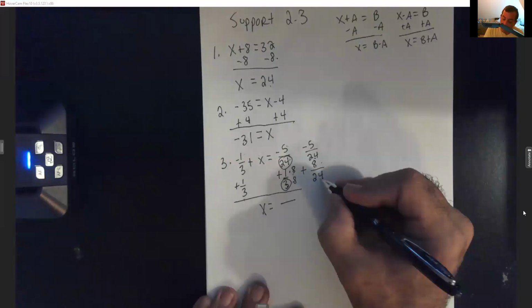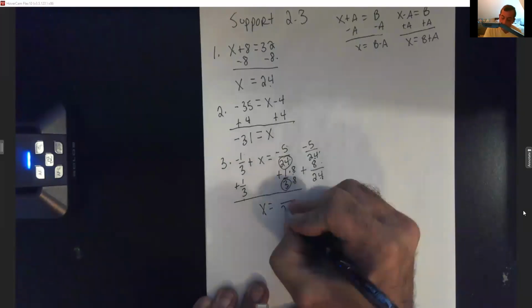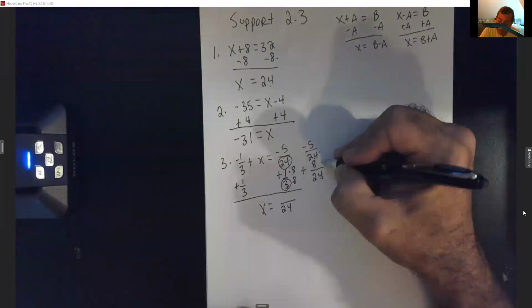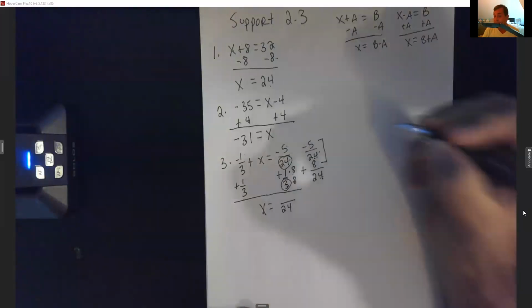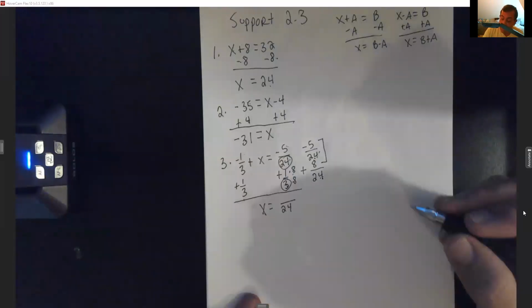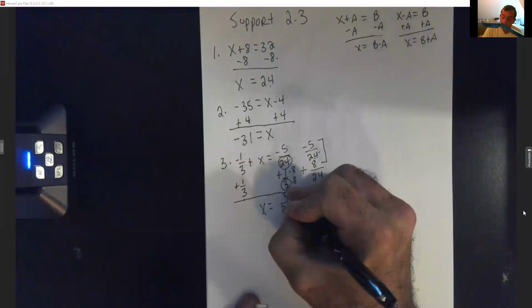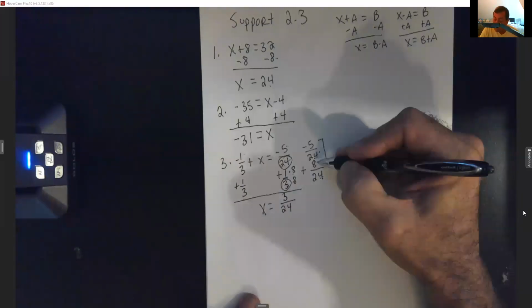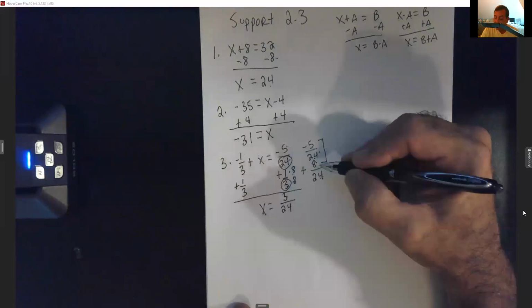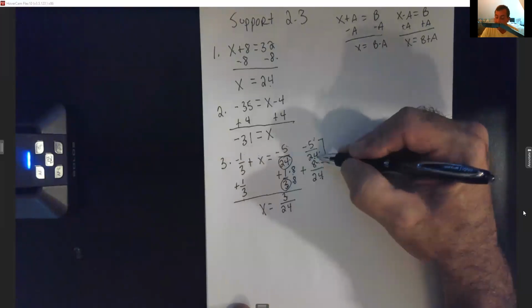Now, the bottom is a 24, so that's going to stay a 24 at the moment. Now we got to figure out what 8 and a -5 equal, because that's on the top. In an 8 and a -5, 8 minus 5 is 3. The larger number is positive, so the answer will be positive. So since I had unlike signs on these, I subtracted and gave the sign of the larger number.